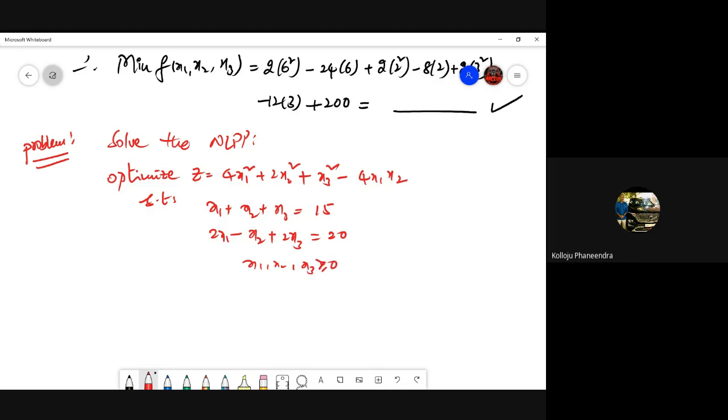Now how many equality constraints? Two equality constraints are there. So our second case, try to solve this. Just give me 2 minutes.